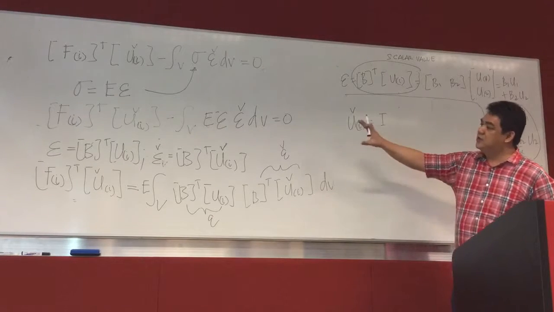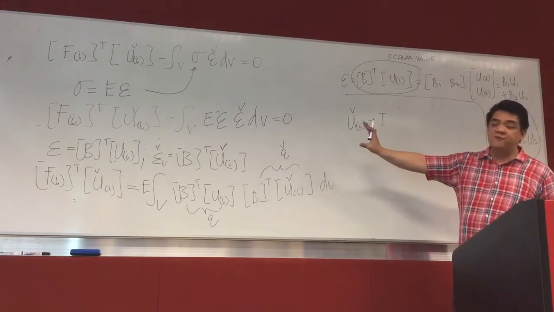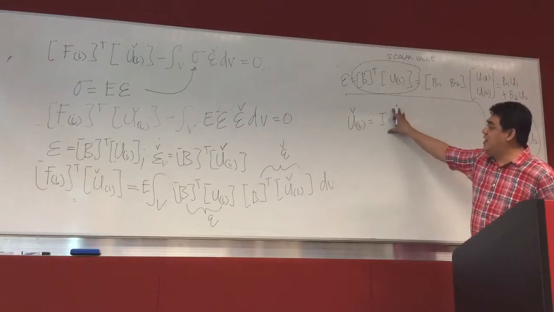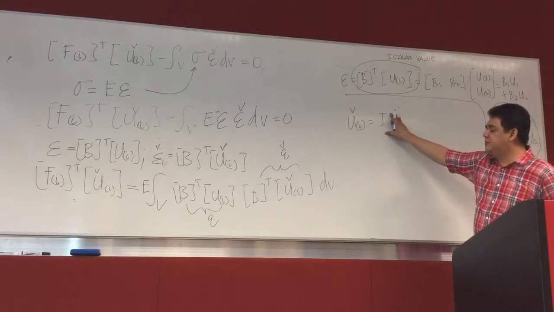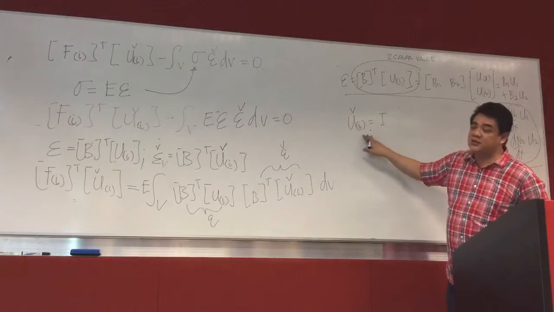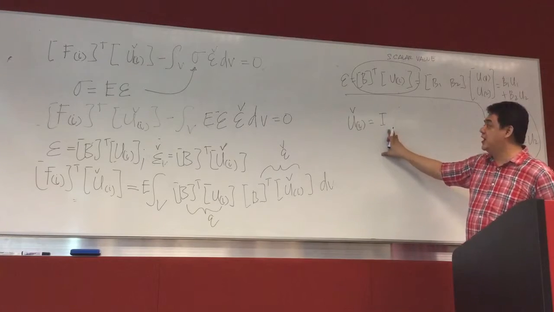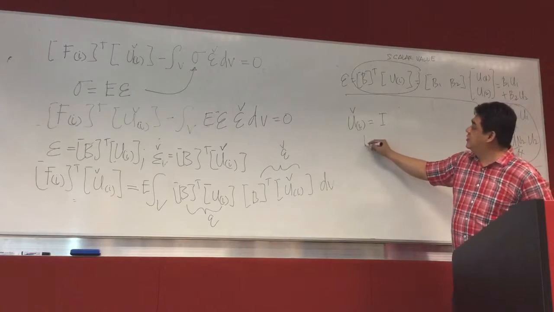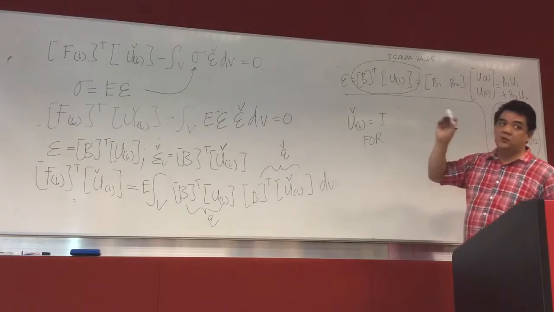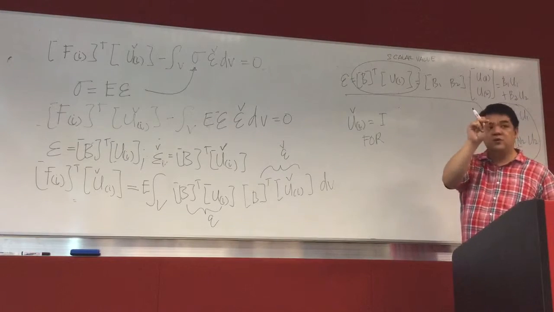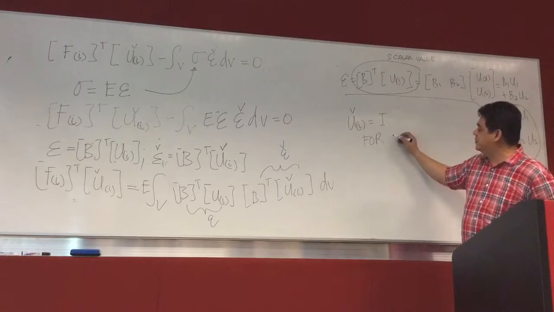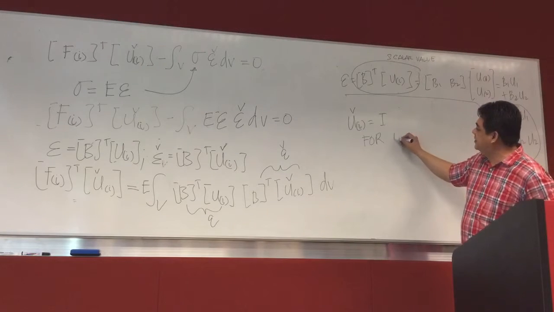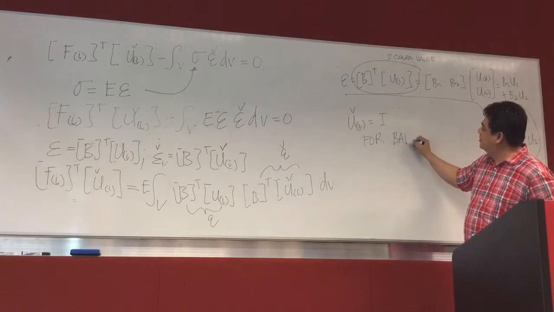So for a 2 degree of freedom system, then our virtual displacement is a 2 by 2 identity matrix. So say for example, in our example, we're just looking at the bar system, wherein we have 2 degrees of freedom per element for bar.